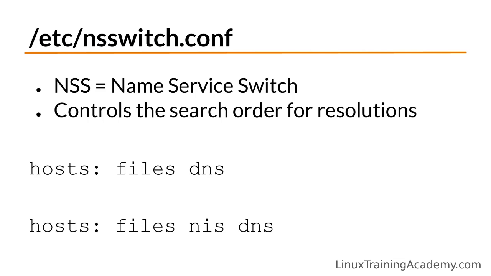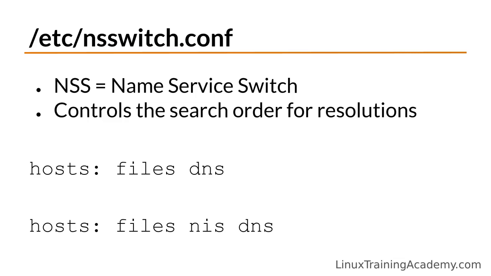If an IP address is found there, that IP address is used and the search stops. If it is not found, then DNS is queried. There are other services that can resolve host names as well. If you want to use NIS for name resolution, you can add it to the hosts line in the /etc/nsswitch.conf file.